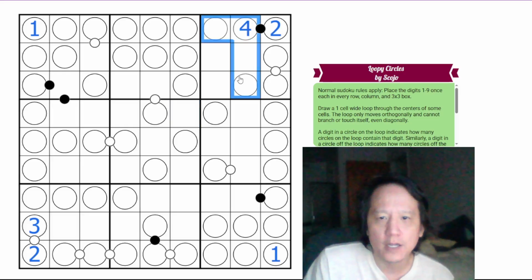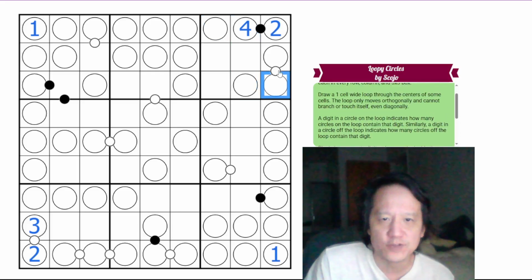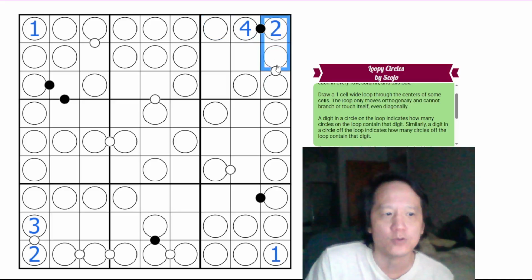Okay, so for a black Kropke dot, 1 is on the loop and 1 is off the loop. If the 2 were on the loop and the 4 were off, that would not work, because this 2 wouldn't have anywhere to go. Remember, every digit that's on the loop must share an edge with exactly 2 other cells on the loop. So the 2 cannot be on the loop here. That means the 2s are never on the loop.